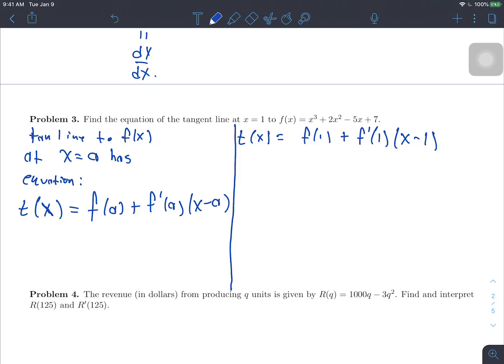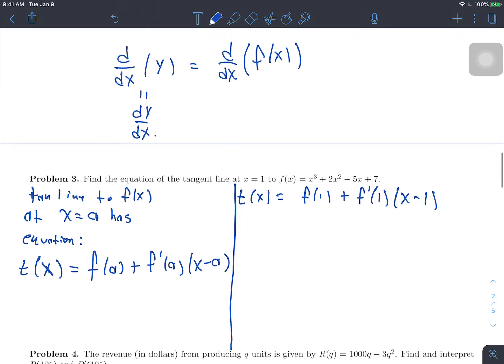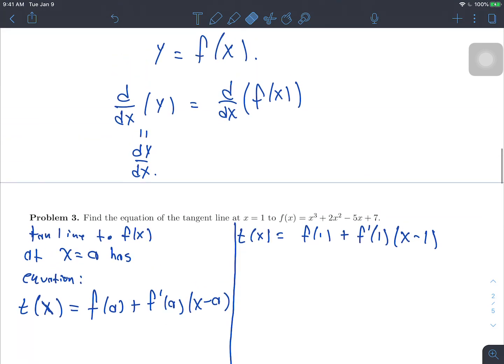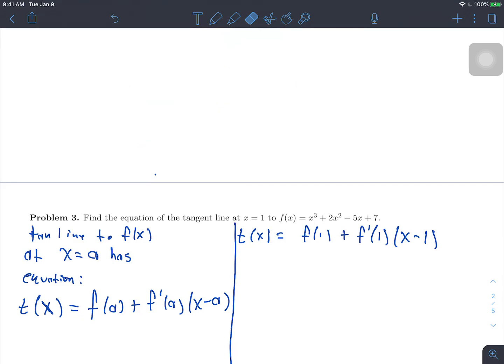There's a little bit of work to be done, in terms of figuring out the component parts of this equation. The things we're going to need to figure out are f of 1 and f prime of 1.